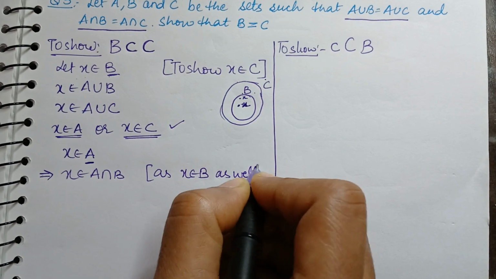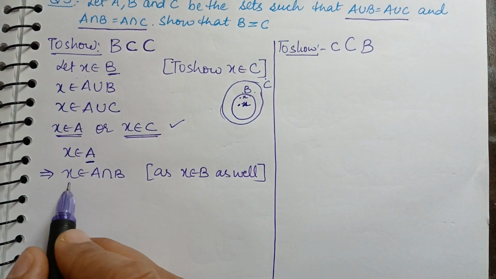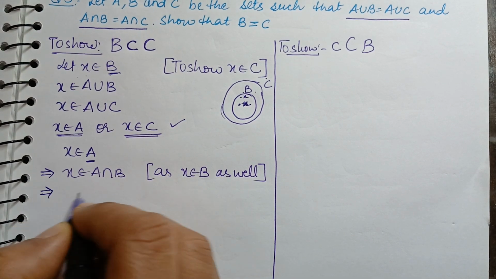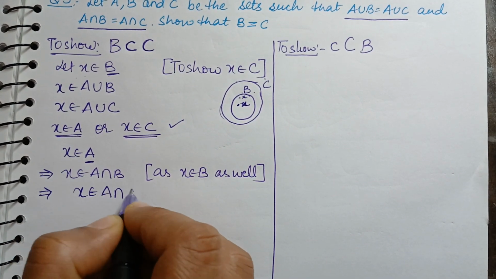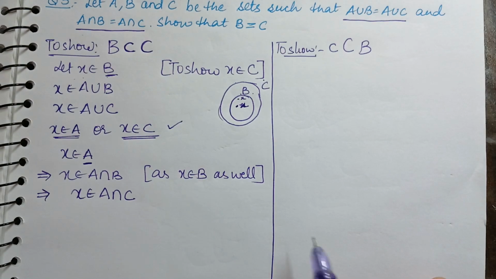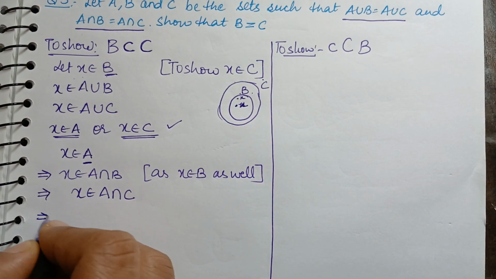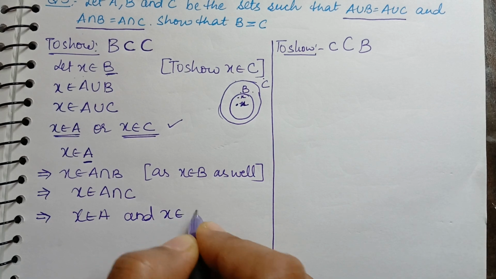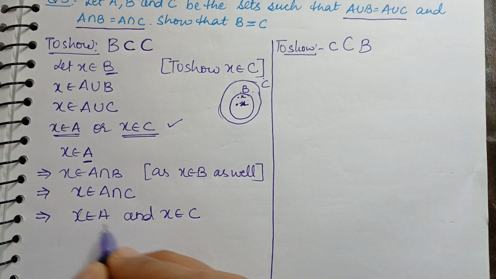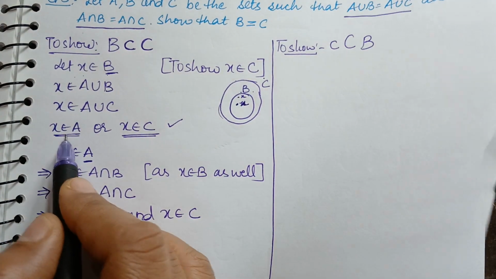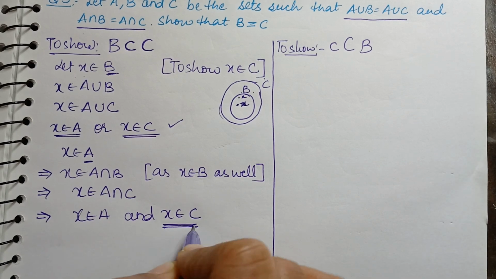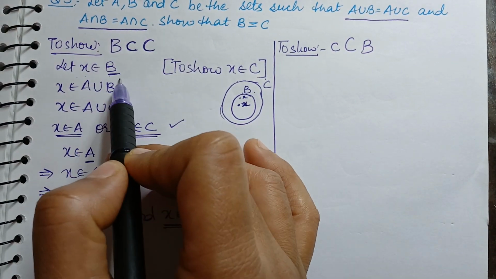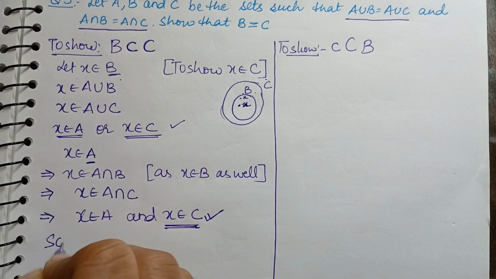In the beginning we considered that X belongs to B. Now if X belongs to A intersection B, it means X belongs to A intersection C as well, because A intersection B is equal to A intersection C. So this implies X belongs to A and X belongs to C, so they are there in both. So with this also we are getting that X belongs to C. So X belongs to B implies X belongs to C.